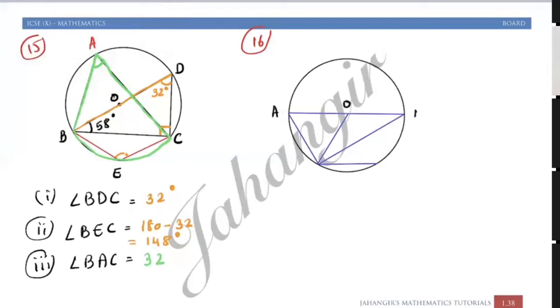A O D. We want to make one more line. And this angle is 32. Marking is also wrong over there.